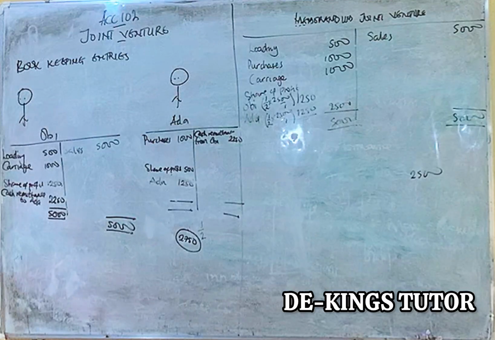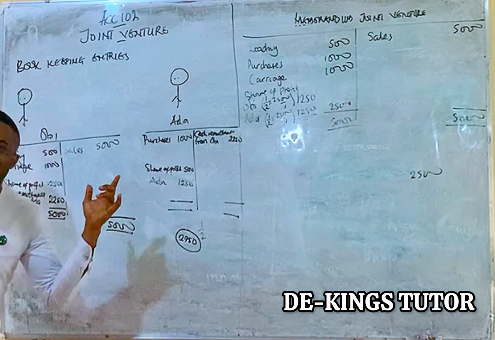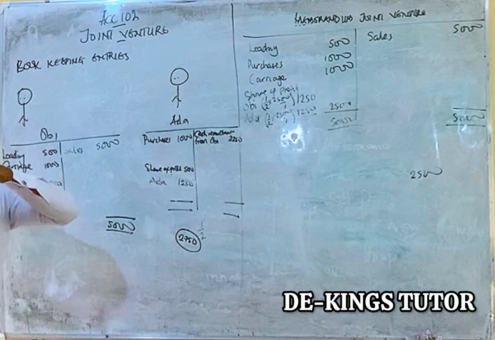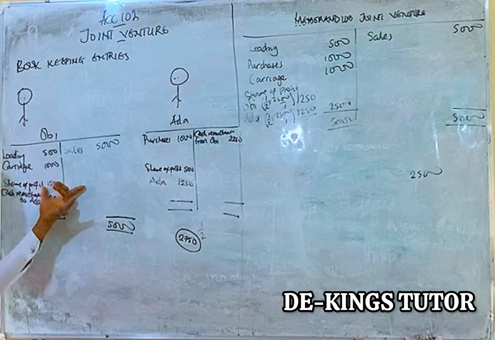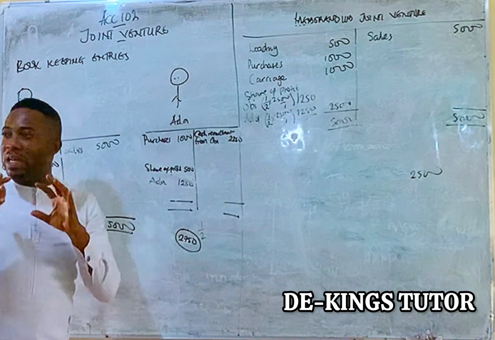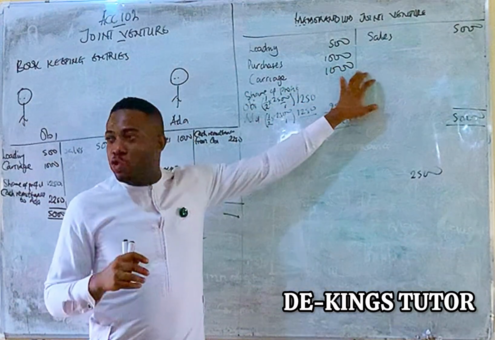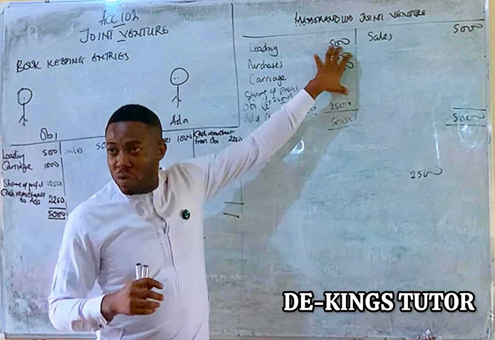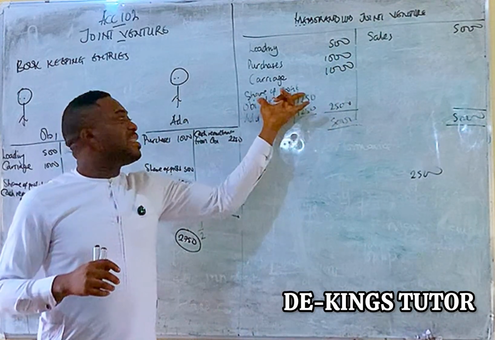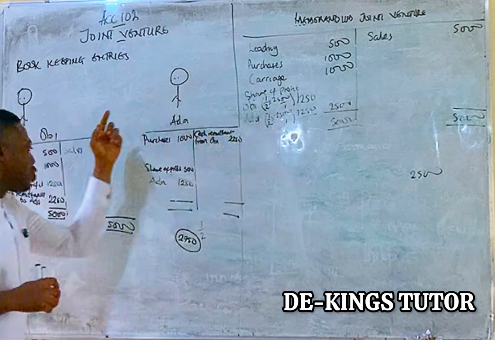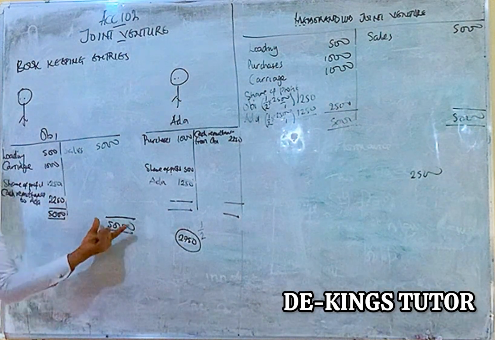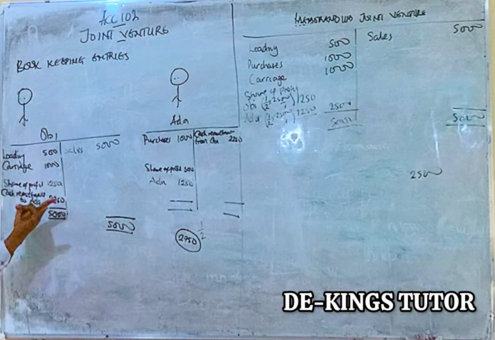Now, let me restate what we have just seen. When two persons come together, they have a joint account. Each person prepares their own individually, but they have a joint account where the totality of what they have done is posted to. This is where they get their share of profit, which is sent to their individual account. Normally, it is supposed to balance what they have received and what they incur.